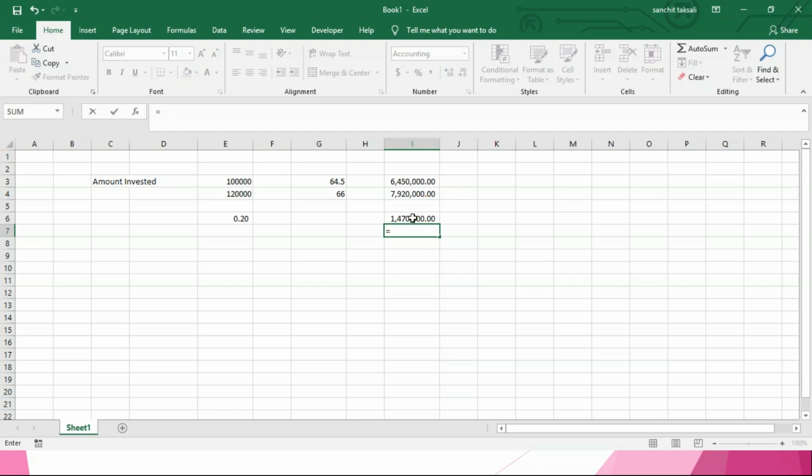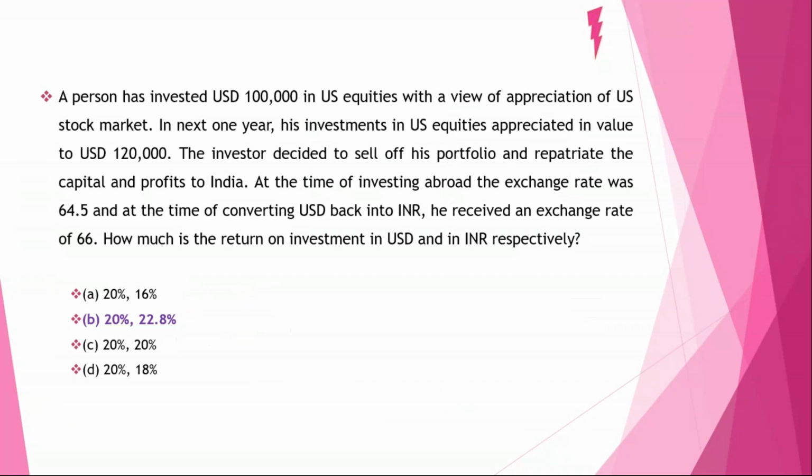So the net gain he has made from his investment is 0.23, which turns out to be 22.80%. Coming back to our example, we can see that it's a gain from currency. So whenever there is a movement in currency, we'll be earning on both sides.